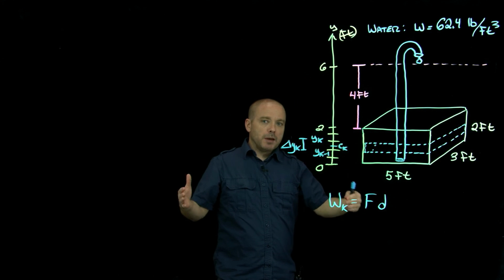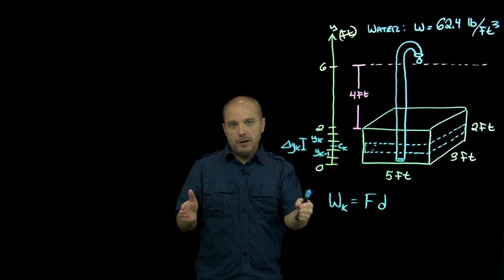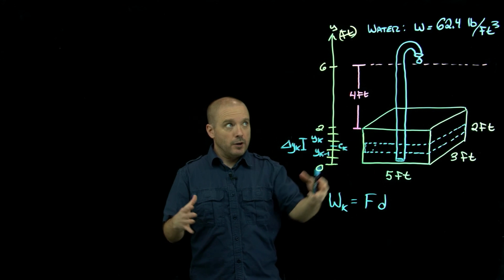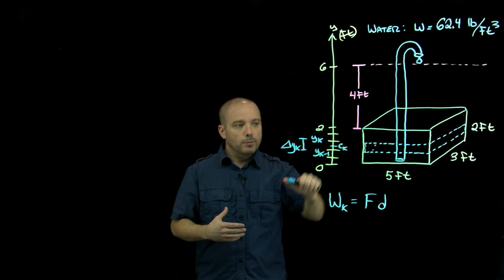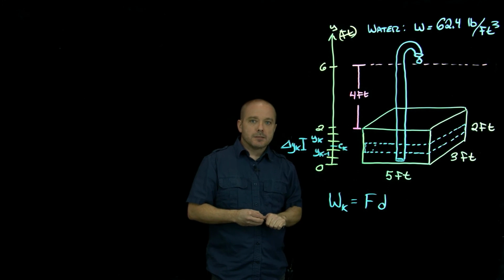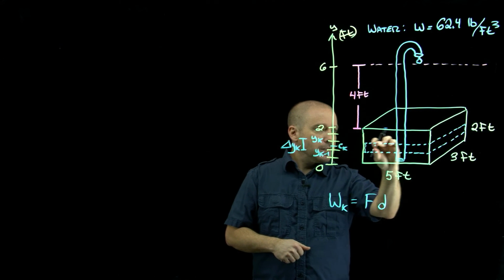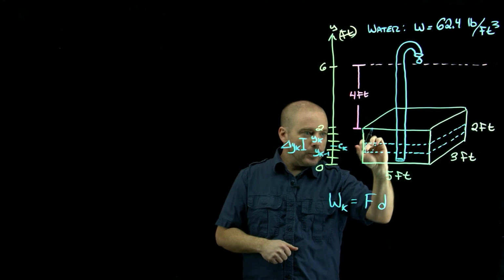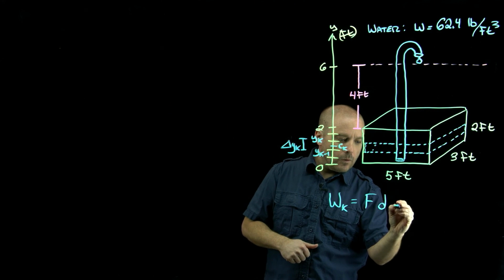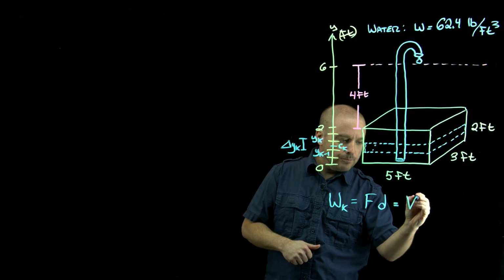But if you had a box that was 1 foot by 1 foot by 1 foot full of water, it would weigh 62.4 pounds. So that's our weight density for water. I need to know how much this chunk of water weighs. So it has some volume.